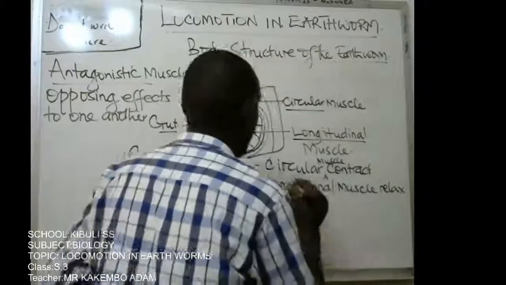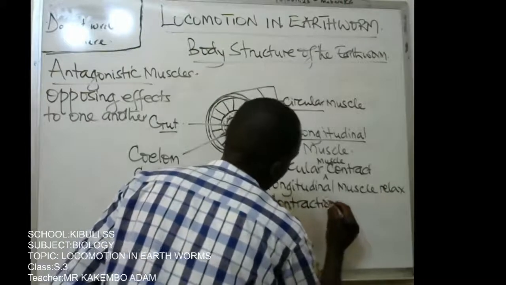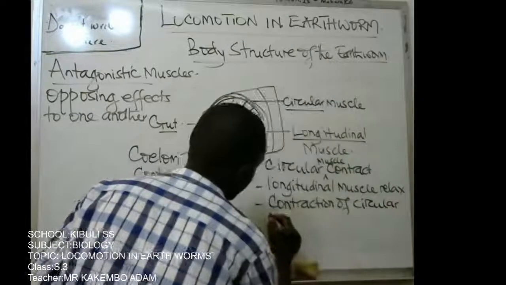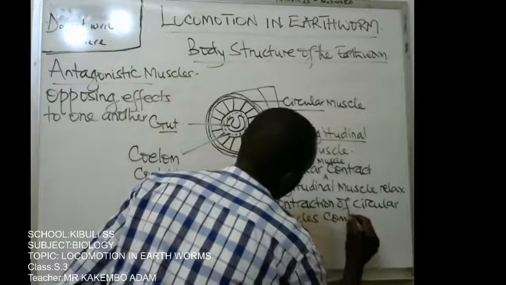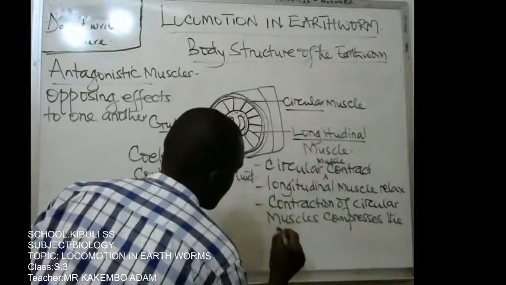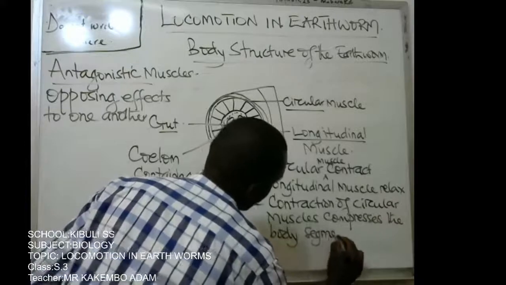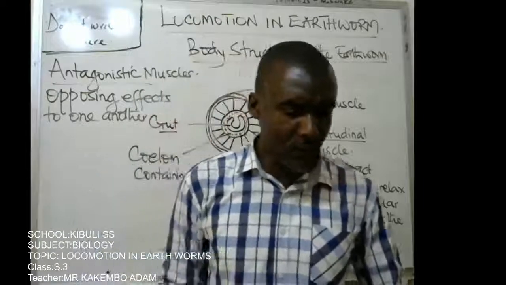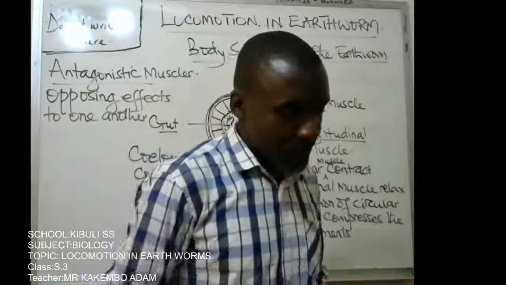So contraction of circular muscles compresses the body segments. So as circular muscles contract, the body segments become compressed. This causes part of the body to extend forward.